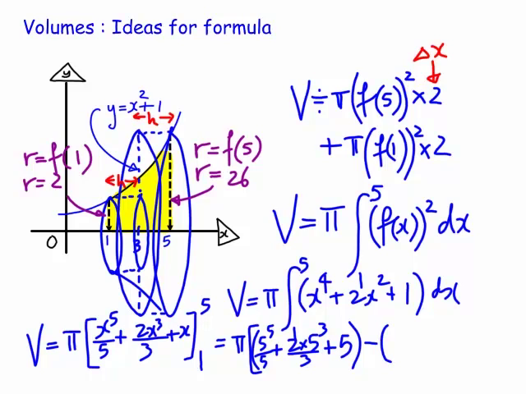We get 1 to the 5 on 5 plus 2 times 1 cubed over 3 plus just an ordinary 1, and we only need to evaluate all this. When we work this out, it comes to 711.47 correct to 2 decimal places after we've multiplied it by pi.